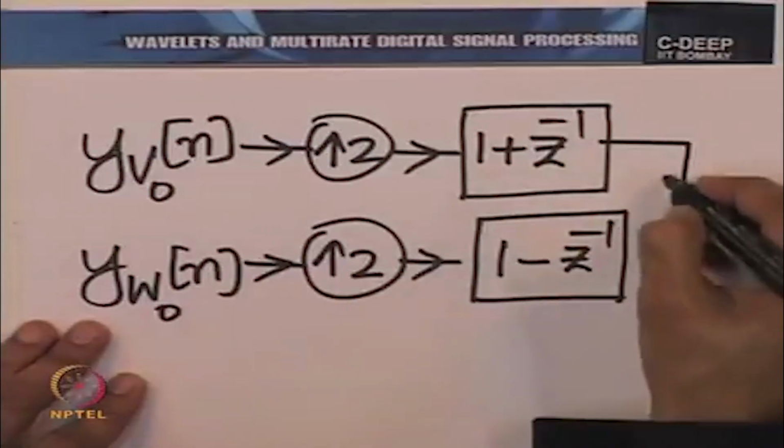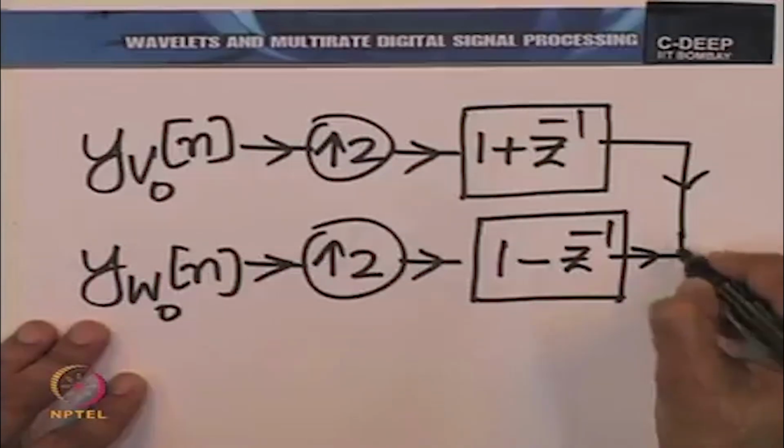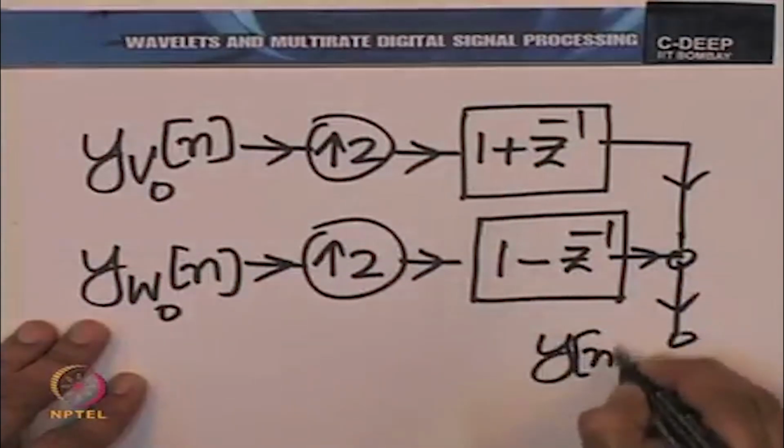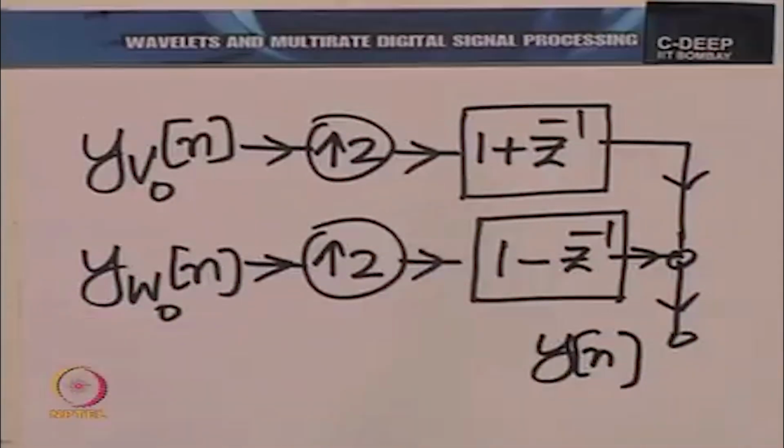And these are being added to produce Yn. We shall delve further into this structure in the next lecture. But what we have just done a minute ago is to construct the synthesis filter bank for the Haar multi-resolution analysis. We shall build this further in the lecture to follow. Thank you.